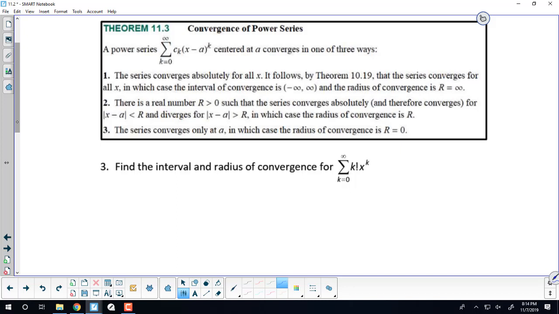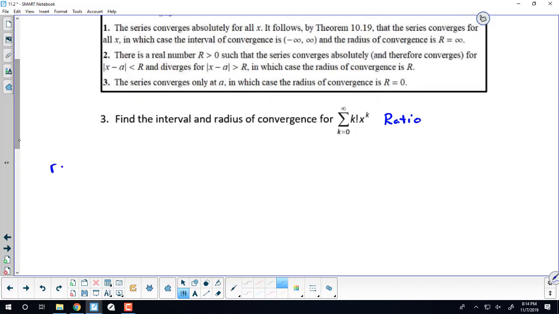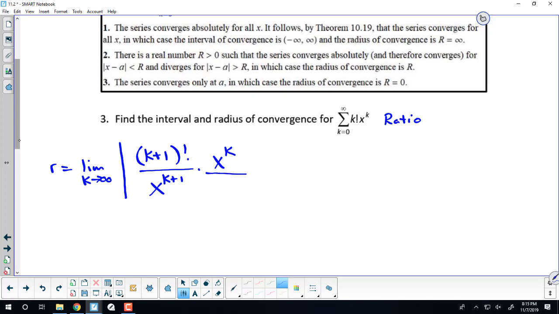So here, for example 3, we'll use the ratio test again because of the factorial. So it's the absolute value of the k plus 1 term, x to the power of k plus 1 over k plus 1 factorial, times k factorial over x to the k.